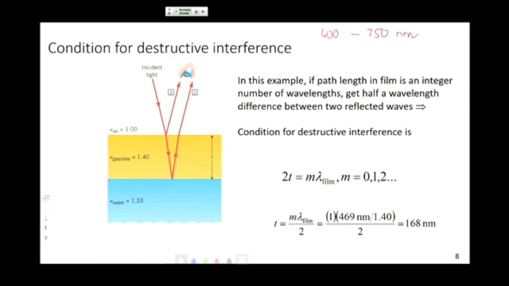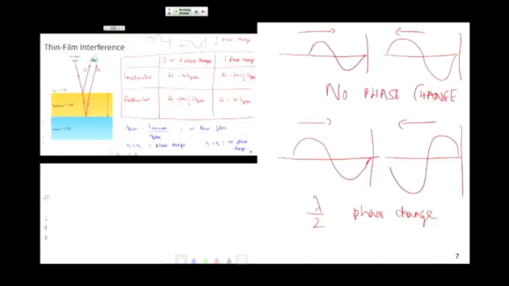So when I'm asking you for colors that are absent or present, that's the range in which you're thinking about the wavelengths. So what you would do in these formulas, maybe I should go back to these formulas, is to find the right m which would give you wavelengths in that range.